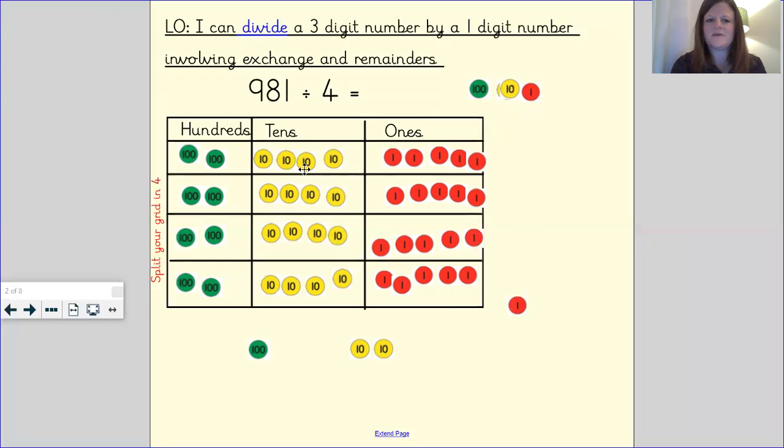So I've divided my 900 and that's given me 200, and I had 100 remaining that I had to exchange for 10 tens. I had my 10 tens and my original 8 tens, which gave me 18 tens. 2 of those I had to exchange for 20 ones, and I had my 1 originally, so I've got 21 ones all shared into 4 groups.